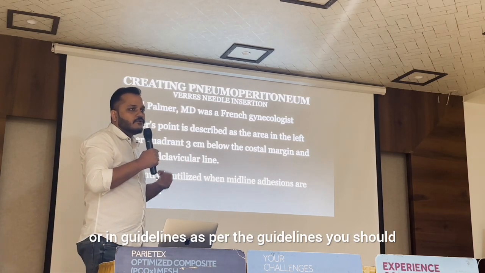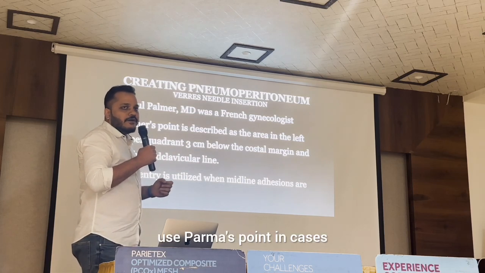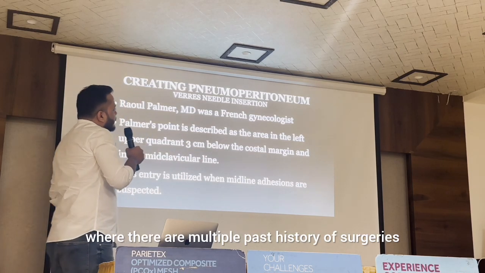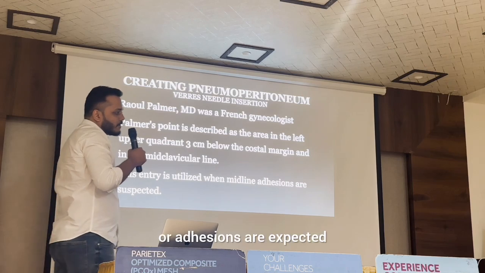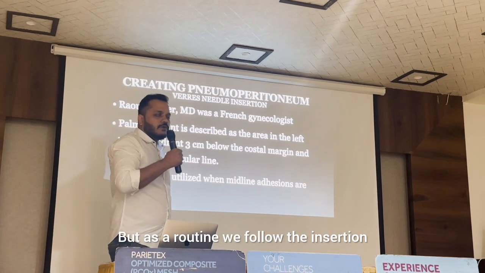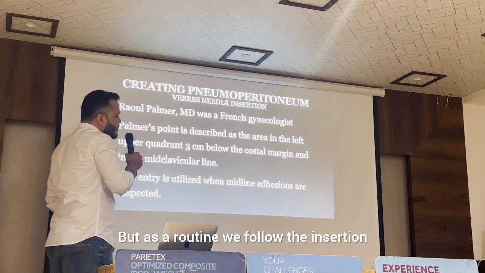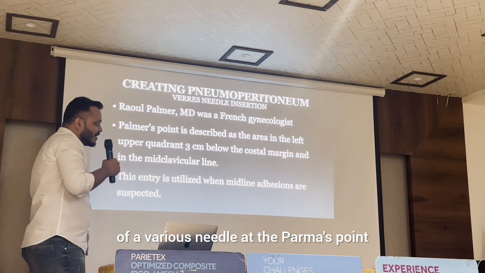As per the guidelines, you should use Palmer's point in cases where there is a history of multiple past surgeries or adhesions are expected. But as a routine, we follow the insertion of the Veress needle at Palmer's point.